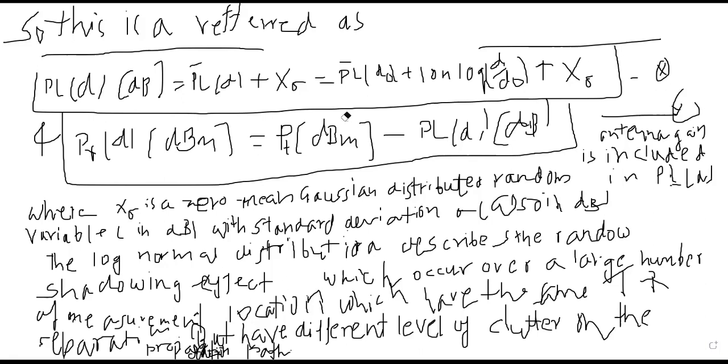Using linear regression, the difference between the measured and estimated path loss model is minimized.